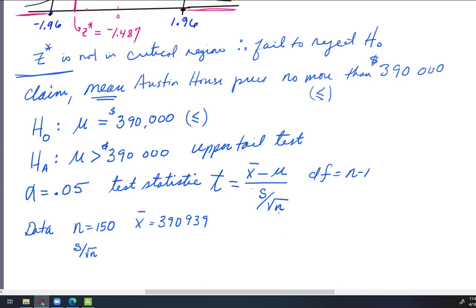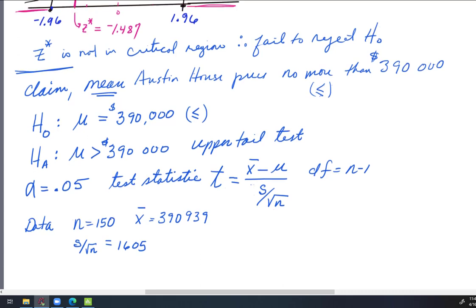So Minitab will calculate this value for us, or it will calculate S, and we know n, so we could use a calculator and calculate this value ourselves. It doesn't matter how we do that. Either way, in this example, it was 1605, and so there's our data.